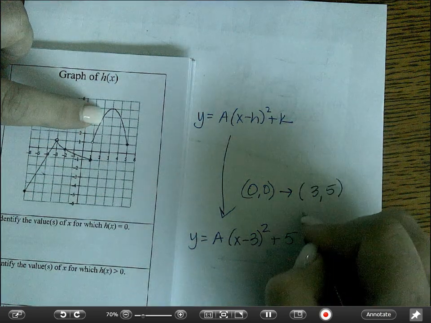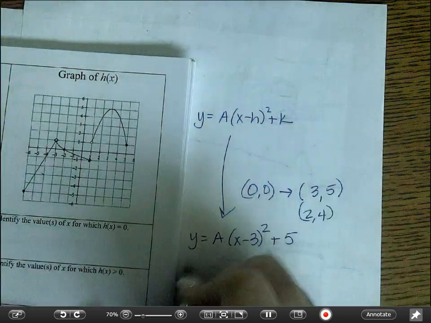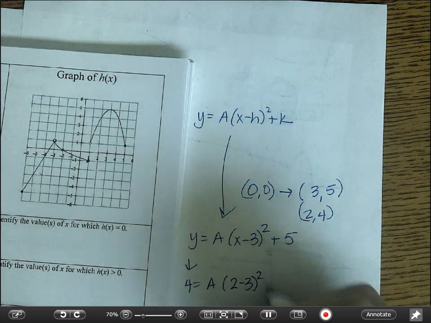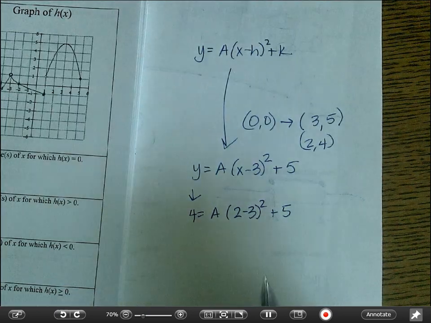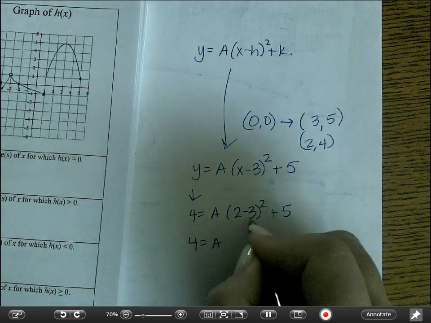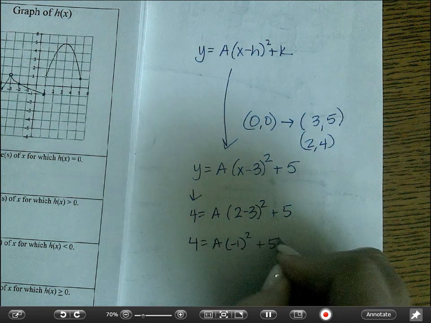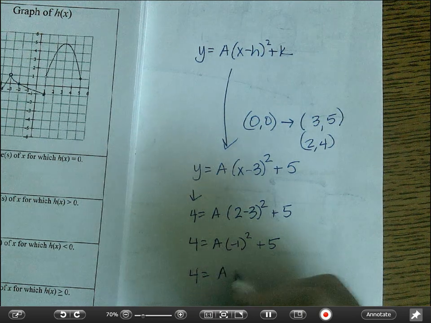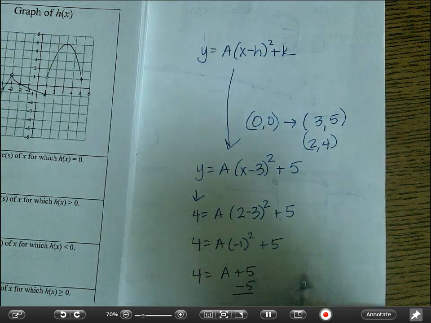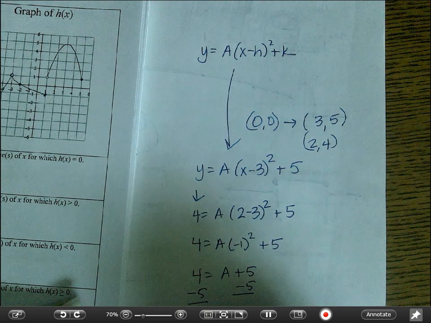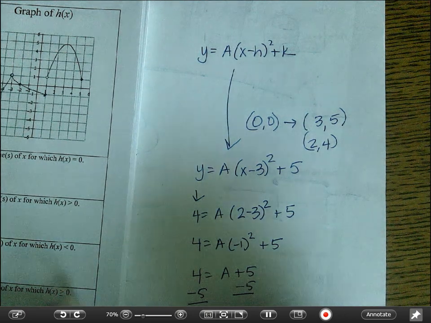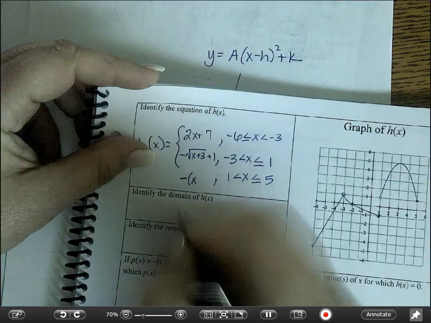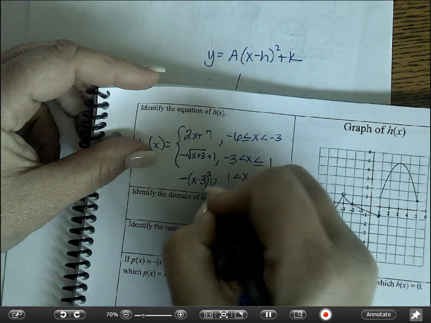I'm going to use the point 2, 4. I replace the y with 4, replace the x with 2, and then I just simplify. So I've got 2 minus 3 is negative 1, squared is 1. So 4 is equal to 1 times a, which is a. Finish solving for a, and I get a is equal to negative 1. And then I'm going to write negative x minus 3 squared, plus 5.